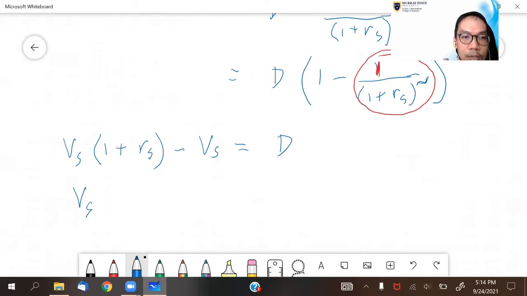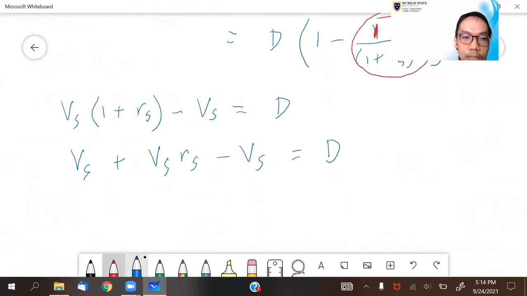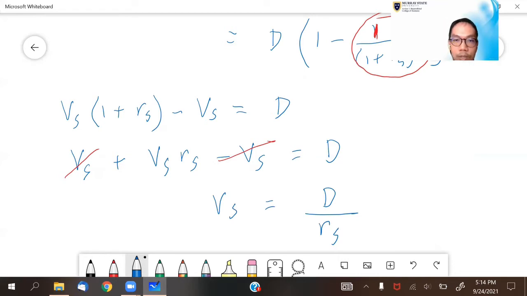Value of the stock plus VS multiplied by the required return by stockholders, minus VS, is equal to the constant dividend. So we cancel out this one. So we get value estimate should equal the constant cash flow divided by the required return by your stockholders. Okay, so you get this one.